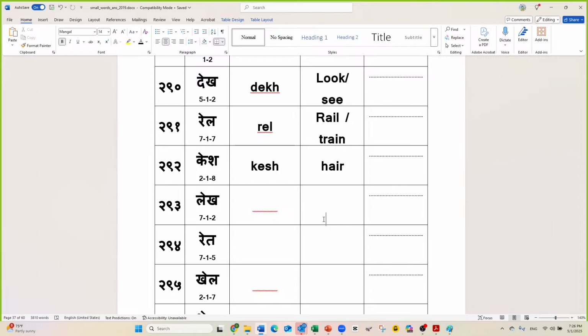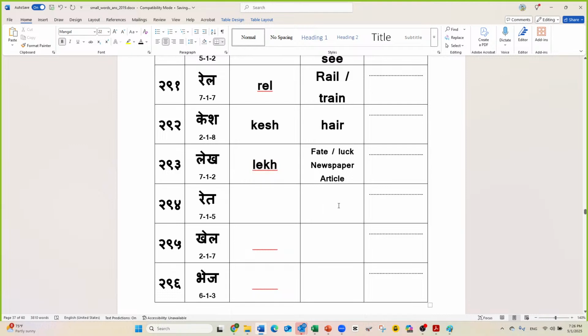Okay, Anisha, give me the next word. Lekh. Lekh means destiny, fate, luck. But lekh could also mean a newspaper article. Okay, Kavina, give me the next word. Ret. Ret means sand.